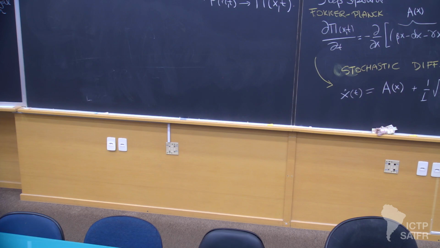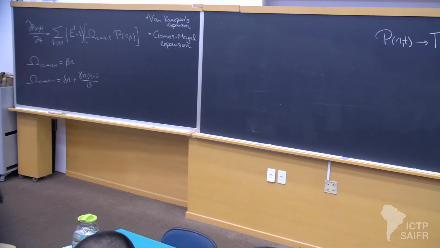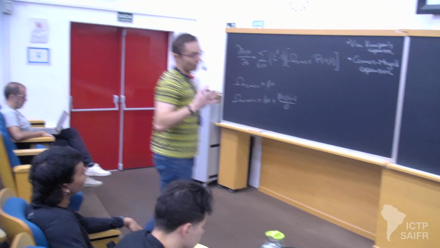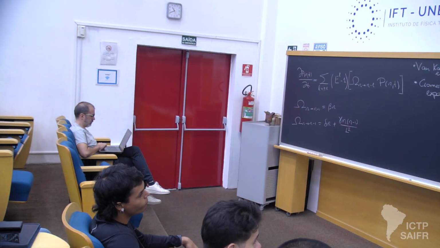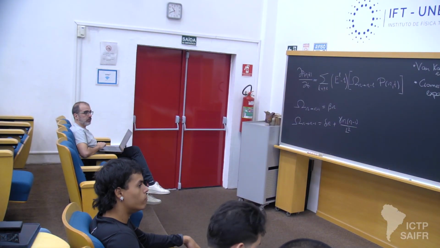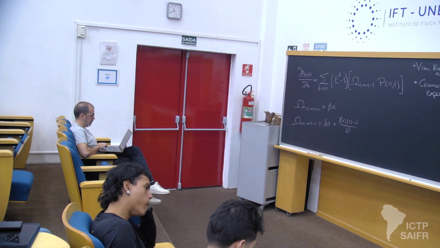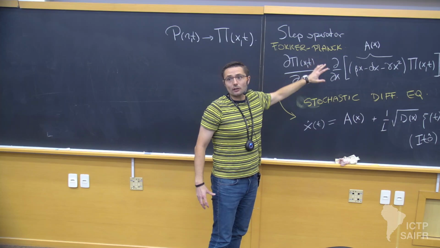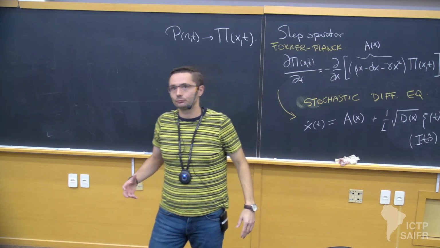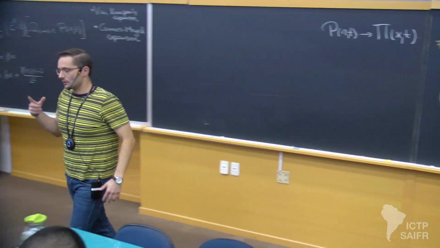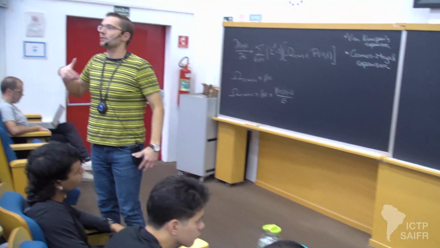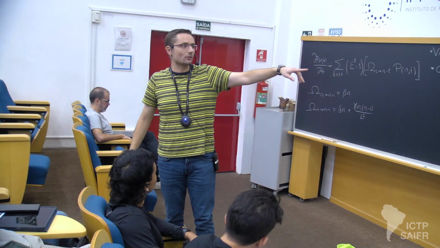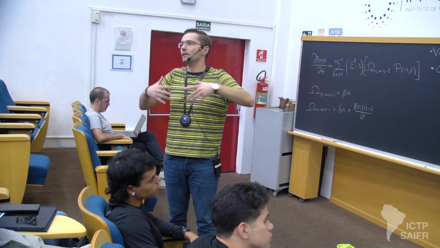So if you want to obtain it formally, the question is, how do you obtain the stochastic differential equation? My fear when I thought whether to show this or not was that it's not very easy to give you a straightforward answer. But basically what you would need to do is, considering the probability distribution function, ask questions related to what is the probability that you sample a given trajectory. And then you need to consider the probability distribution function as an average over trajectories.